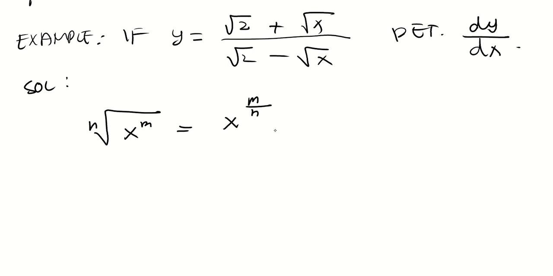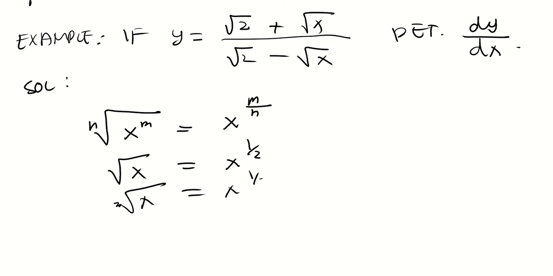So for example, the square root of x is the same as x raised to 1/2. If it's a cube root of x, then this will be x raised to 1/3. If the cube root of x squared, this is the same as x raised to 2 over 3, where 2 is m and 3 is n. So that's the laws of exponents.